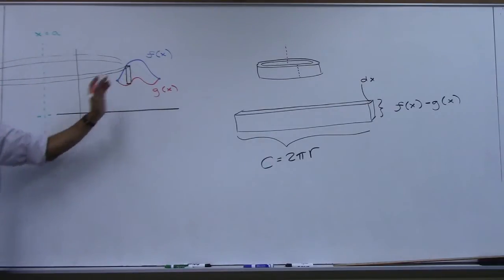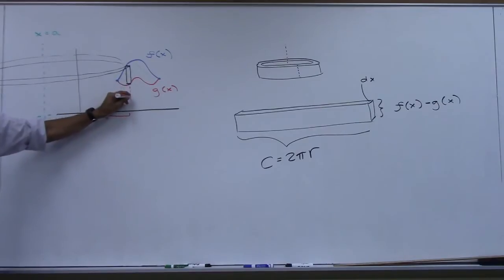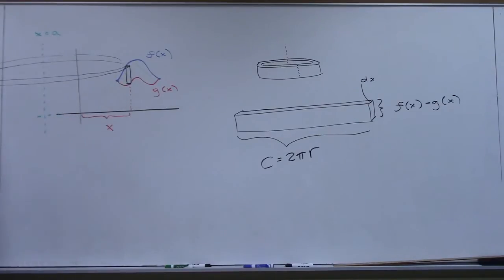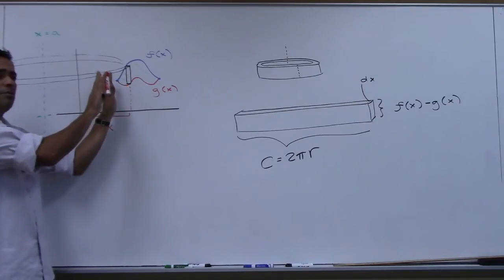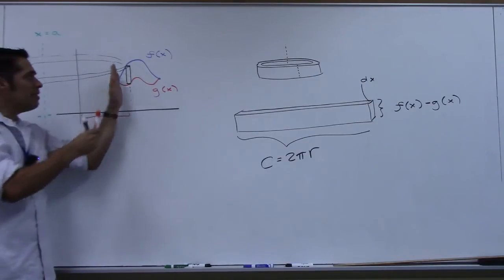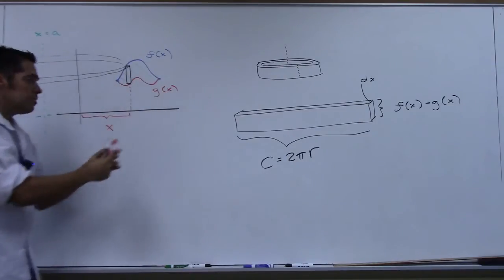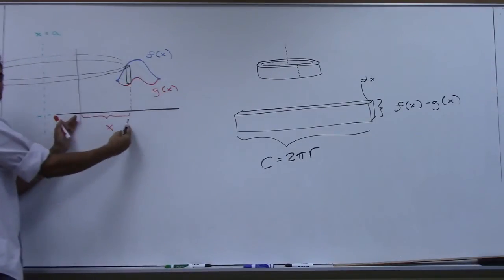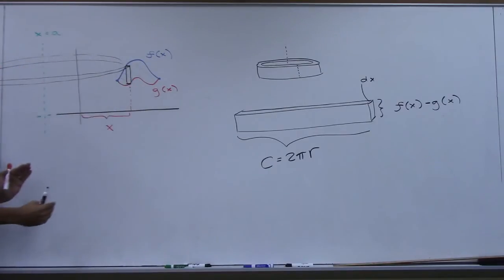What we all need to keep in mind is that the distance from the origin to our rectangle is always x. Because we're letting x vary, right? X is going to vary between two numbers, a and b, isn't it? We're going to slide that rectangle back and forth by letting x go from a to b. So this distance from here to the rectangle is x. But the distance from that rectangle to the green is not x, is it?